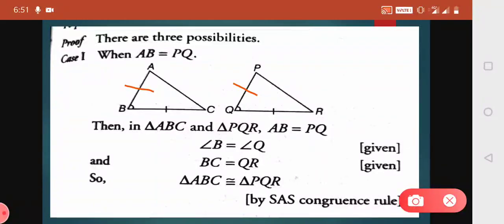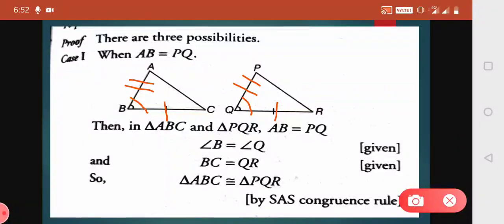Already it is given that angle B is equal to angle Q, and BC equal to QR. Now in this condition, you can see we can apply the SAS congruence rule. Therefore, triangle ABC will be congruent to triangle PQR by SAS congruence rule.